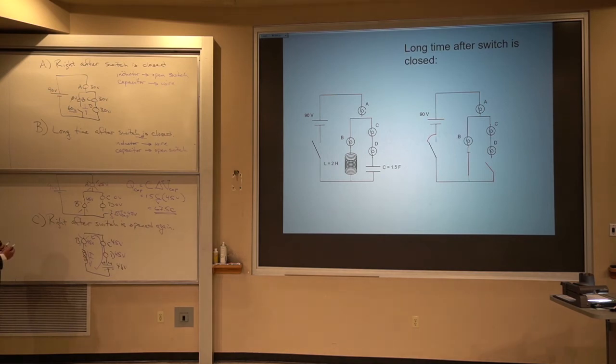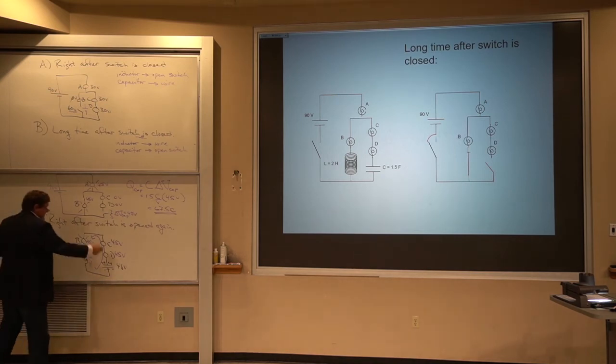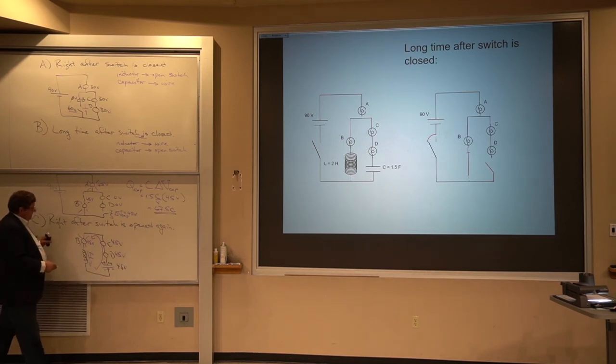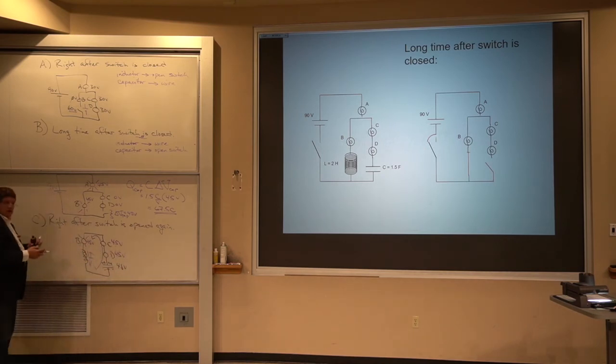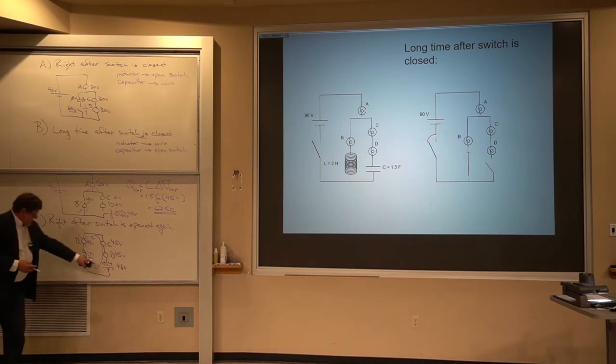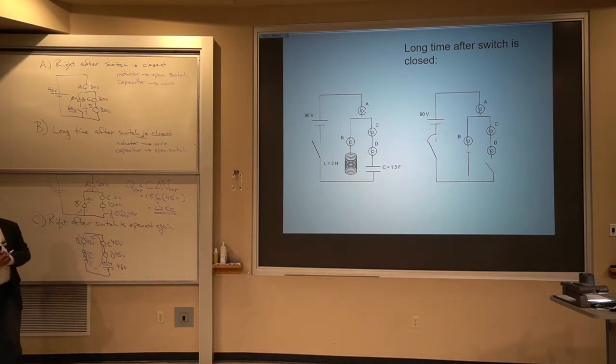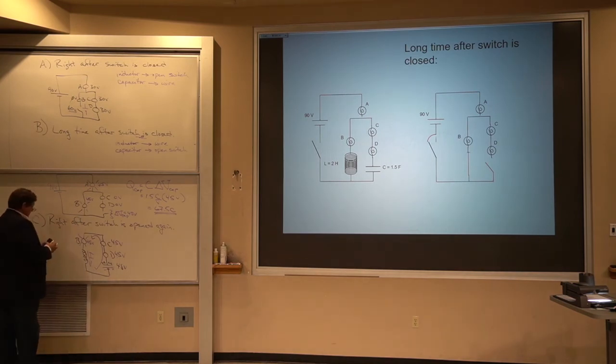Well, what's it going to take to drive that much current around that loop? Well, the voltage drop around that loop is going to be 45 plus 45 plus 45, or 135 volts. Well, that 45 volt battery is not cutting it. So that means that this inductor must be acting like a battery that's also pushing conventional current around counterclockwise.